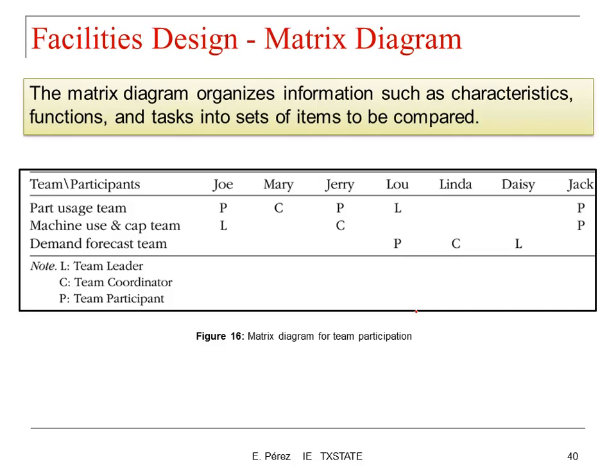So here we have an L to describe the team leader, C the team coordinator, and P the team participants. And you can basically list the issues related to your problem, and then you can decide which one of the team members is going to be taking the lead as part of the problems, and so on. So this is a very useful diagram. It's called the matrix diagram.